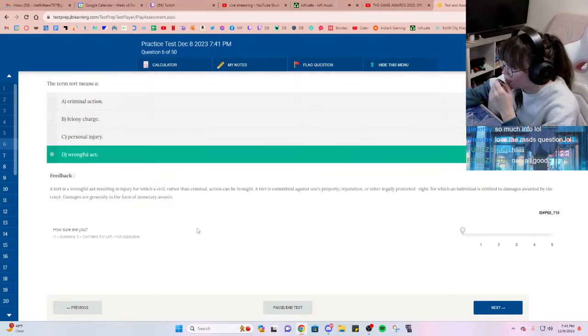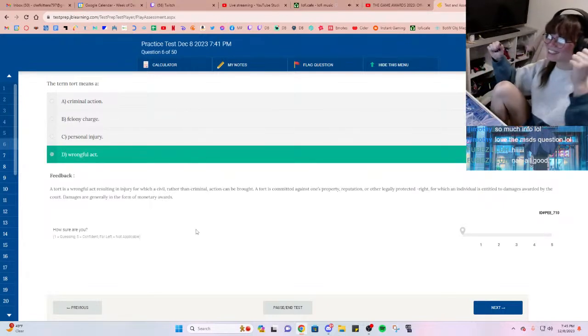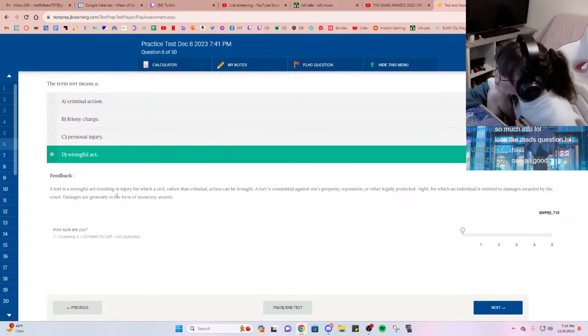I think wrongful act. Hell yeah. A tort is a wrongful act resulting in injury for which a civil rather than criminal action can be brought. A tort is committed against one's property, reputation, or other legally protected right for which an individual is entitled to damages awarded by the court. Damages are generally in the form of monetary awards.